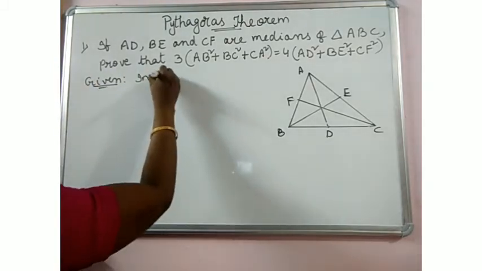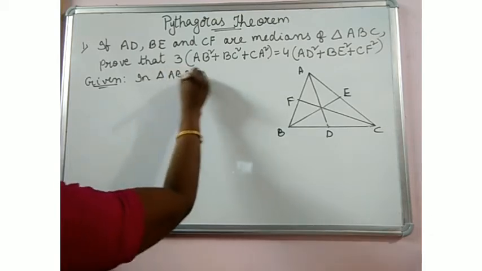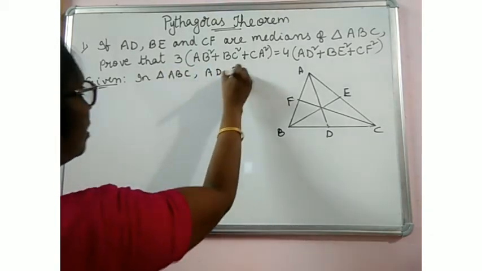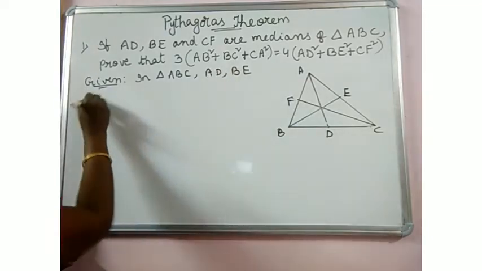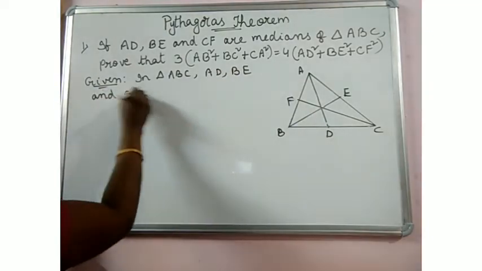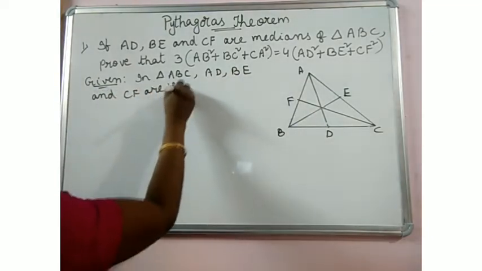What is given here is, in triangle ABC, AD, BE and CF are the medians of triangle ABC.